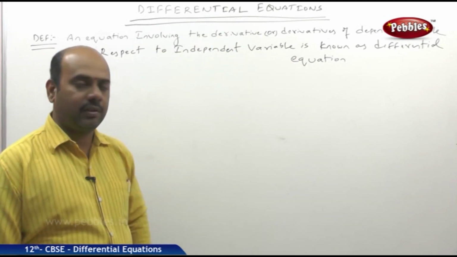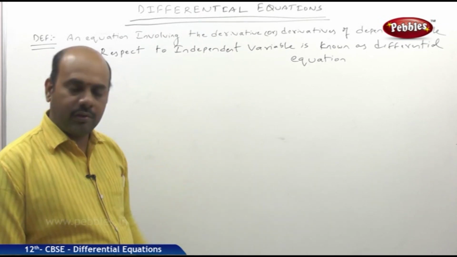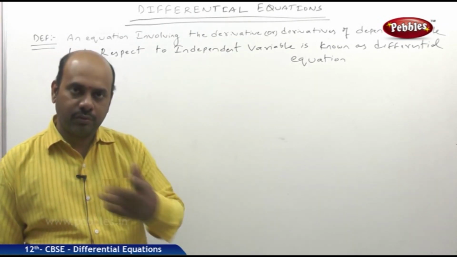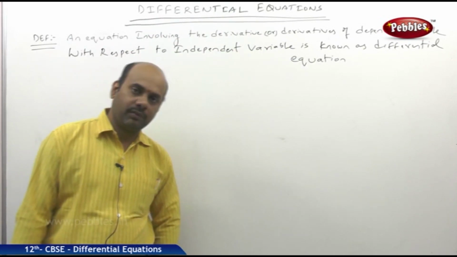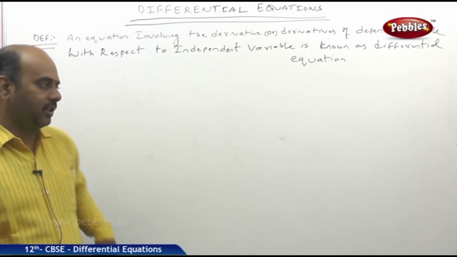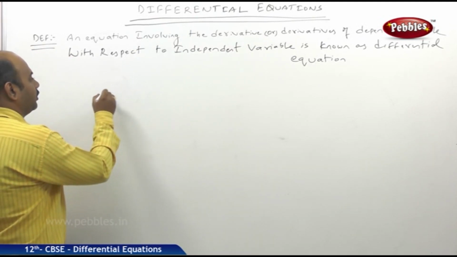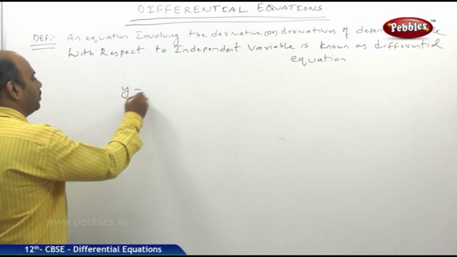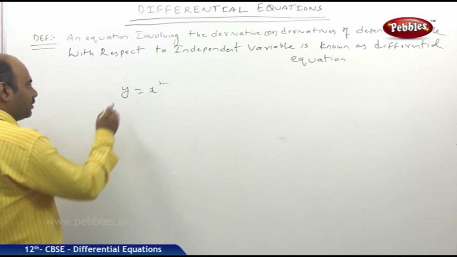Before defining this, you need to know what we mean by dependent variable and independent variable, which I told you in the chapter called functions. Suppose a function is given to you, once again I will repeat, y is equal to x square.